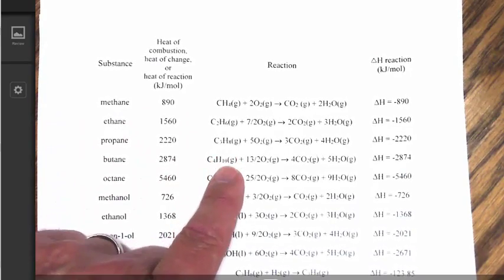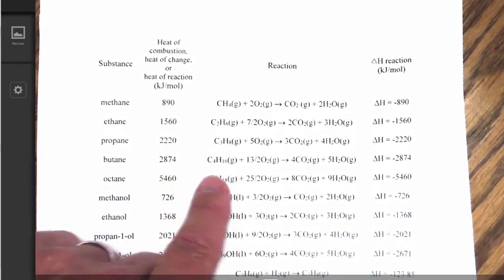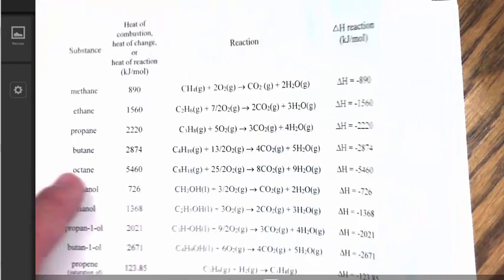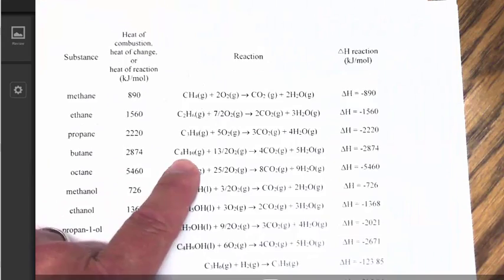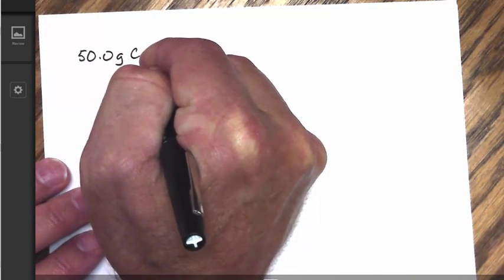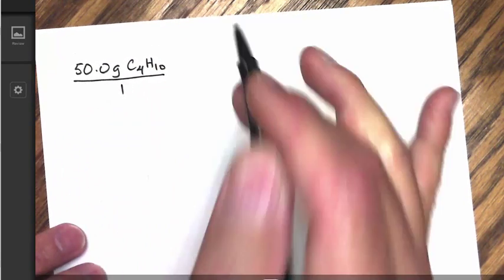The first chemical on the list, in the chemical equation, is the name of the chemical in this first column. So butane is C4H10. And we're going to put our starting amount over 1. That's the usual practice in this class.